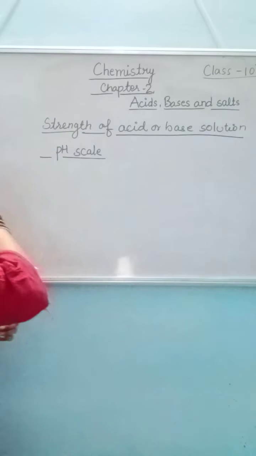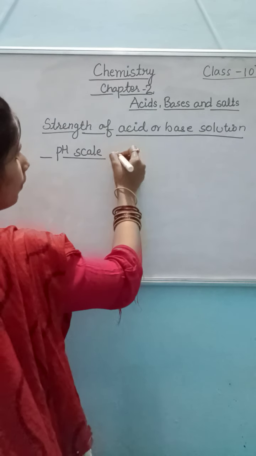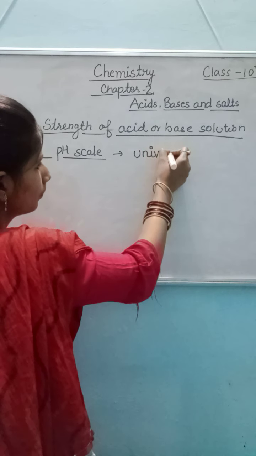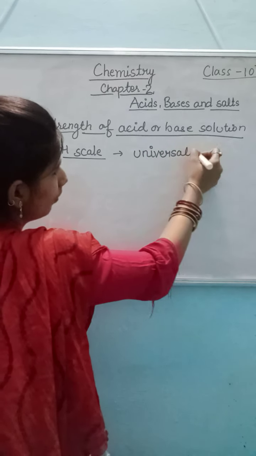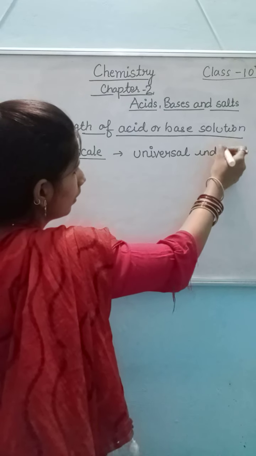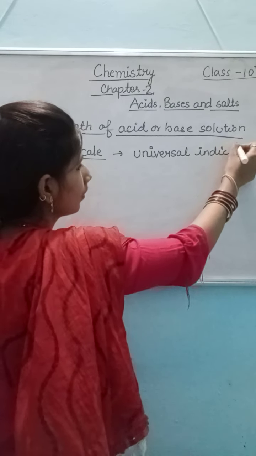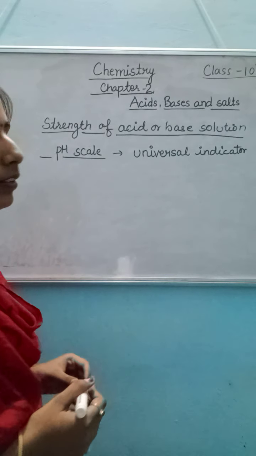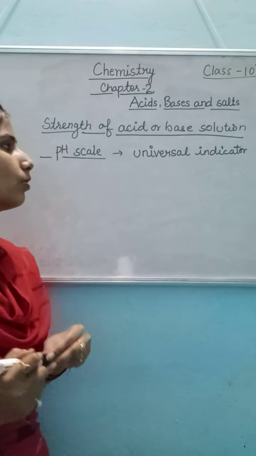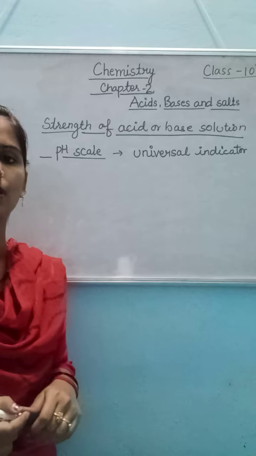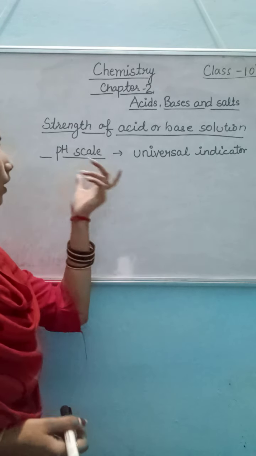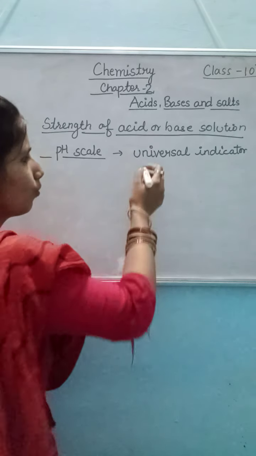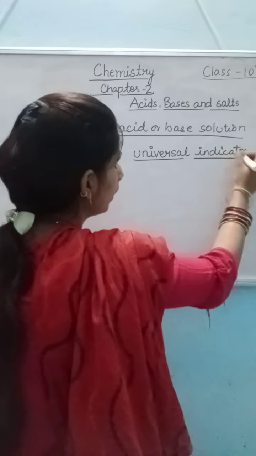And for that we use universal indicator. We already know that indicators are substances which help us find out whether the given solutions are acid or base. In this process, to measure the strength of an acid or base solution, we use universal indicator.